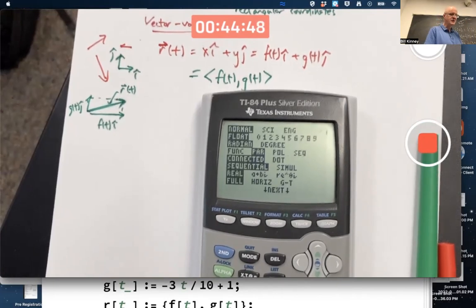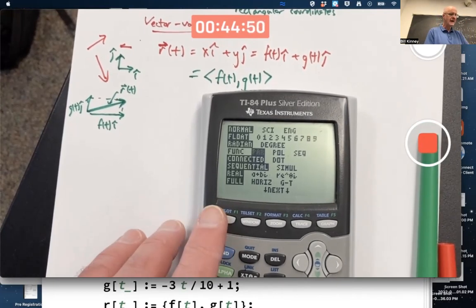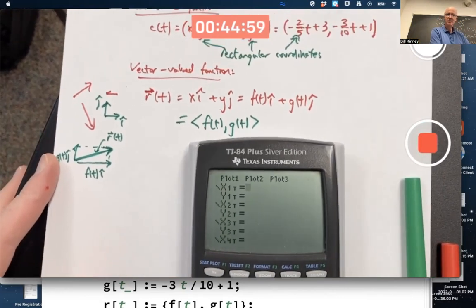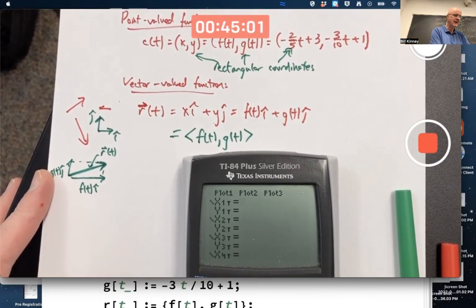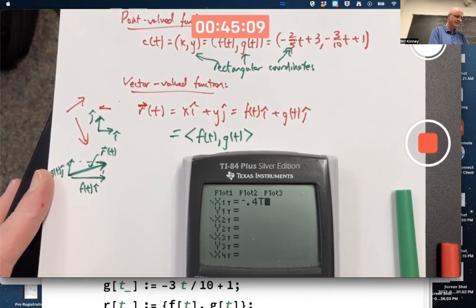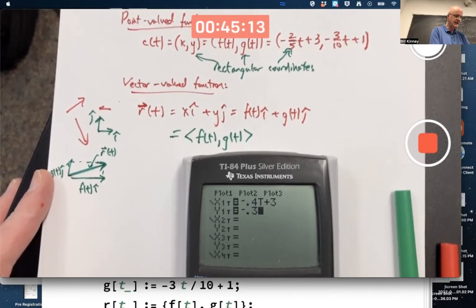If you do that and then go to the y equals screen, it looks different because you're in parametric mode. You want to plug in both x as a function of time and y as a function of time. Negative 0.4, and if you press your variable button, instead of an x, it's a t. Plus 3, and then go down to the y: negative 0.3 t plus 1.